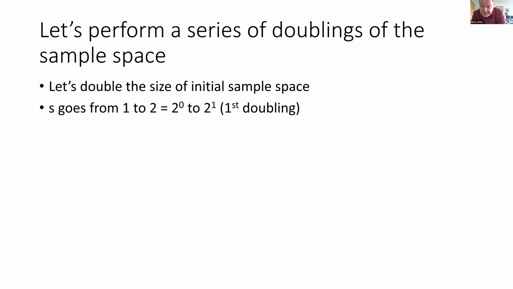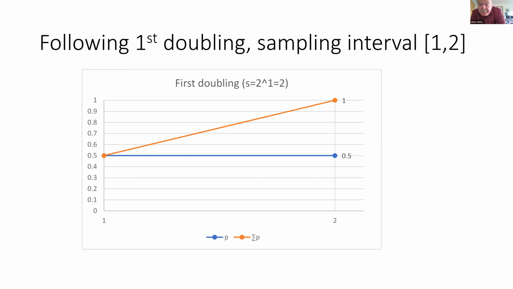What's going to happen to the sample space? It's going to go from 1, 1 to 1, 2. So the sampling interval is now 1, 2. Remember, s is the size of the sample space. So that's the first doubling.